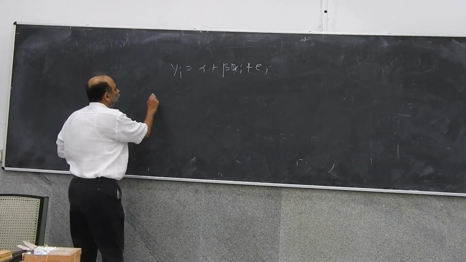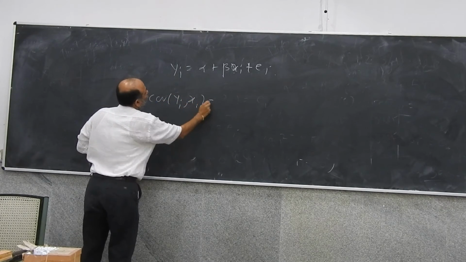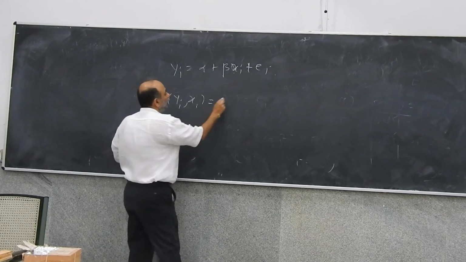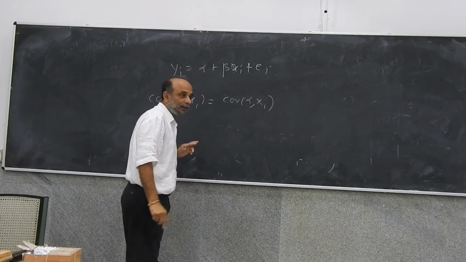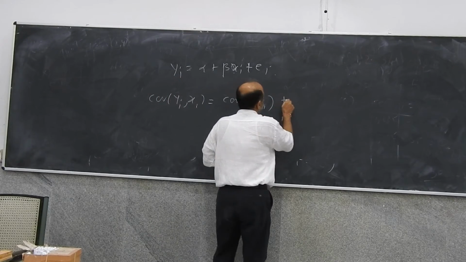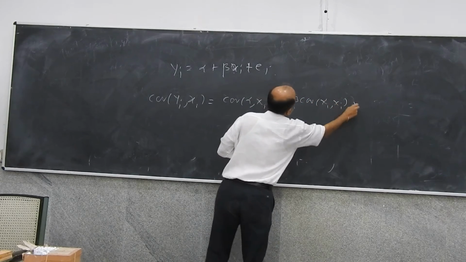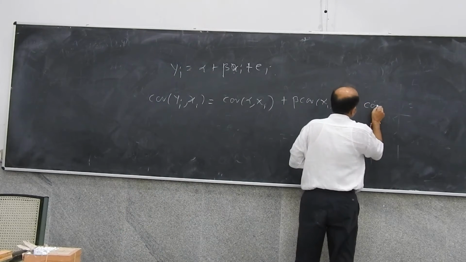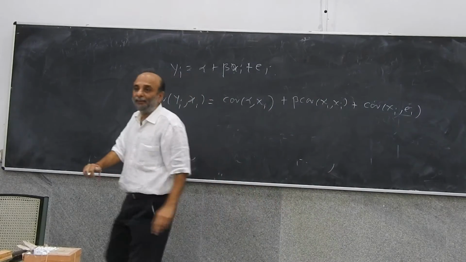So the covariance between yi and xi is the covariance of alpha with xi, plus beta times the covariance of xi with itself, plus the covariance between xi and ei.